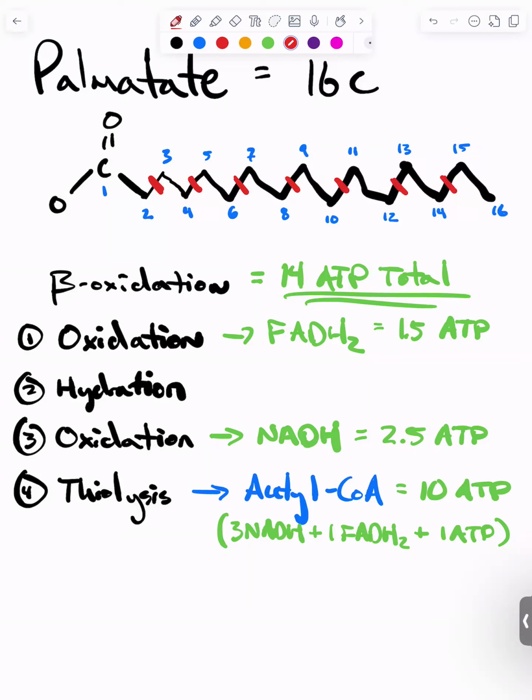Remember, once we break off 13 and 14, what floats away is that acetyl-CoA, and since a new coenzyme A came in and broke that last thing apart, you have two acetyl-CoA. The coenzyme A is what is doing that thiolysis.